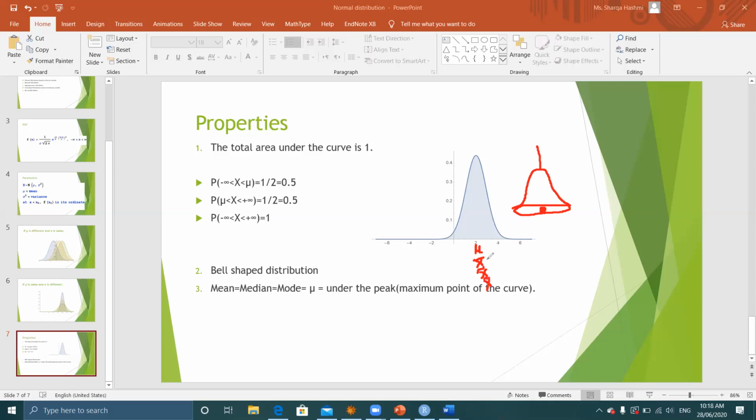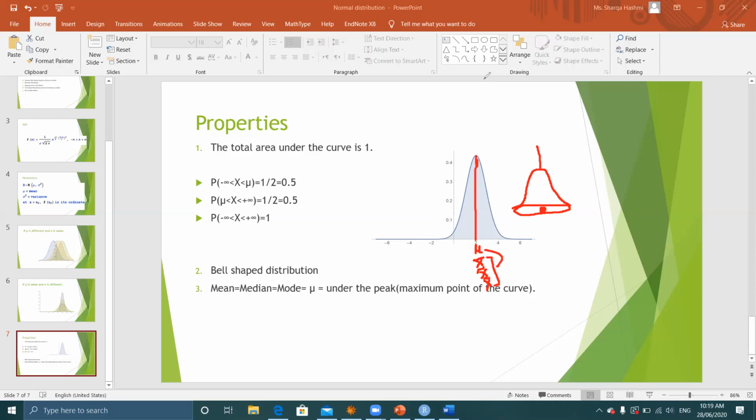So all three values, mean, median, mode, are equal to mu. And mu is the point on the x-axis under the curve at the peak. So mean, median, mode all are equal.